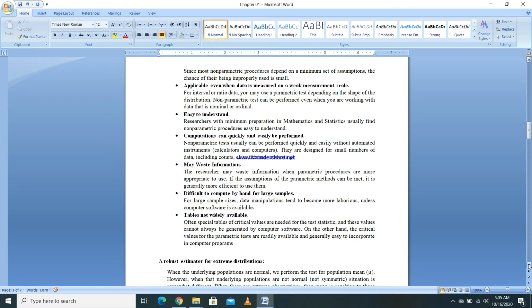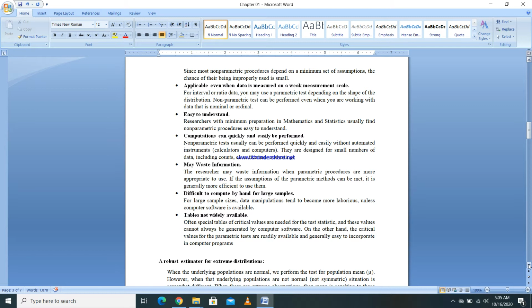You will see that medical researchers have very little data, so in those studies we always use non-parametric methods. And this is very easy to calculate. Its computations are easy and quick, so that is also one of the advantages.